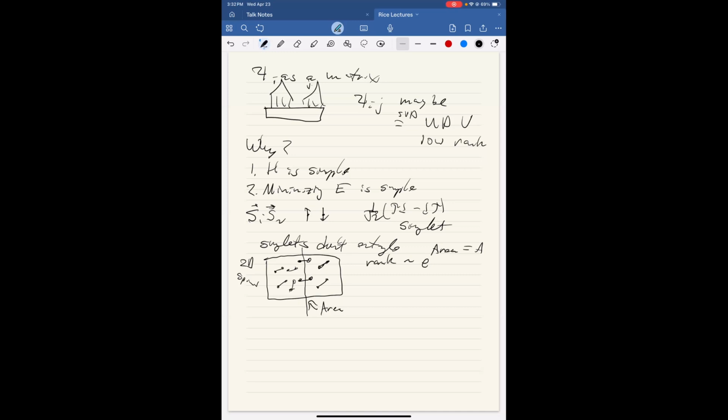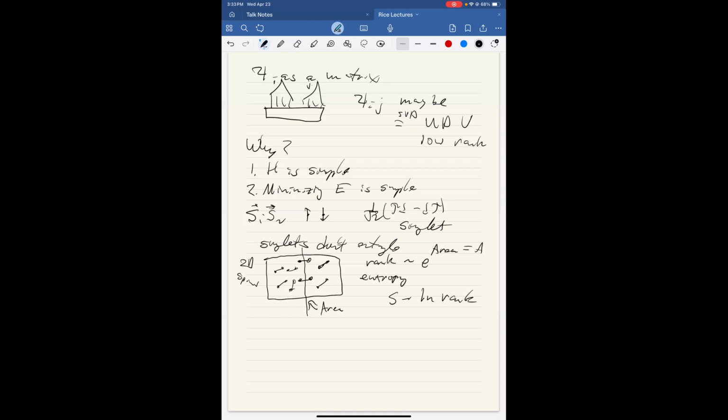Okay, and so the rank has to keep track of all the degrees of freedom on each side of the line. It just multiplies up by the number of degrees of freedom, say 2 for each spin, and the number that get cut. And this corresponds to an entanglement entropy, S, which goes as the log of the rank.